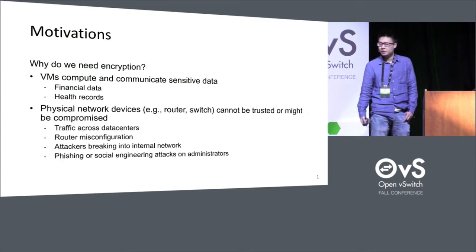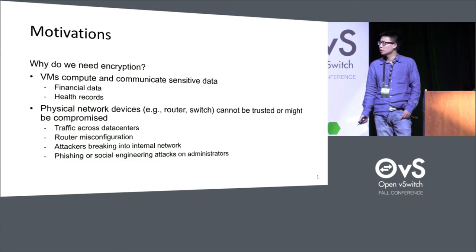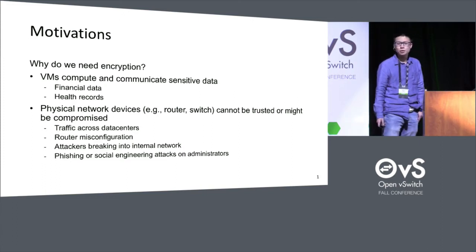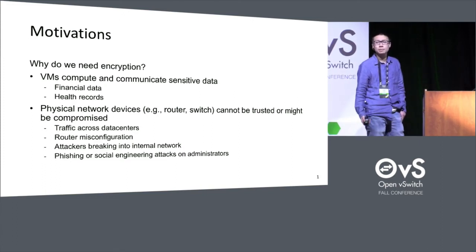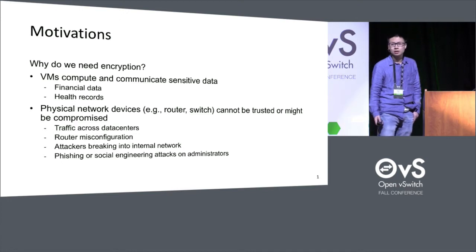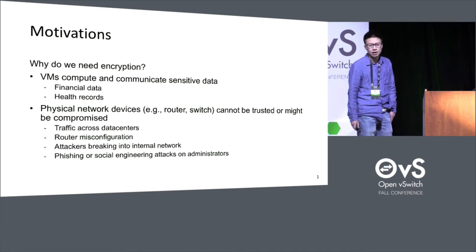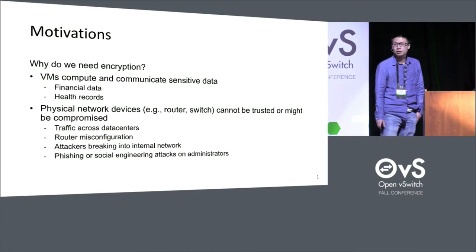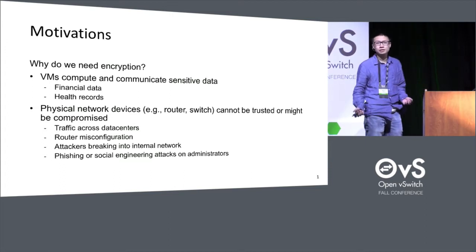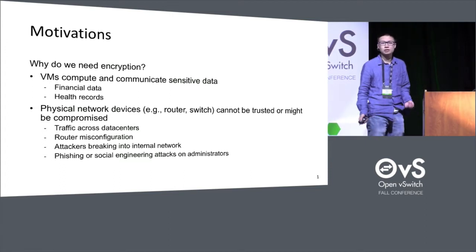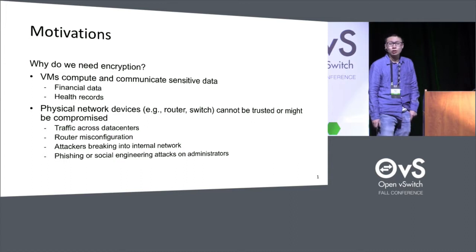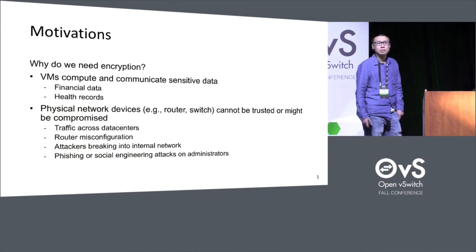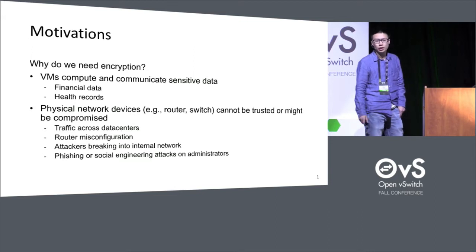The second is that physical network devices like routers and switches cannot be trusted or might be compromised. There are many such scenarios: the traffic across data centers might go through untrusted routers, and router misconfiguration might direct your traffic to some unintended location.